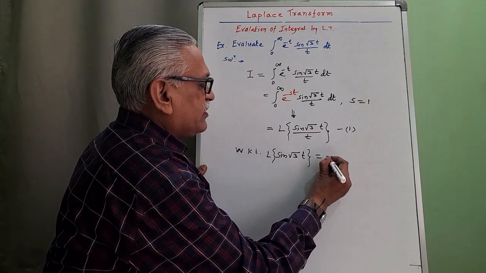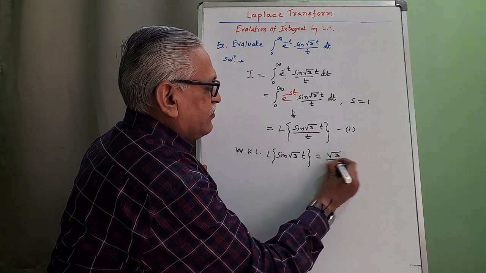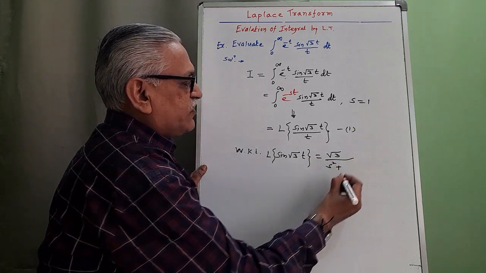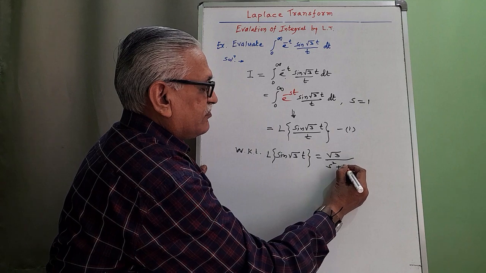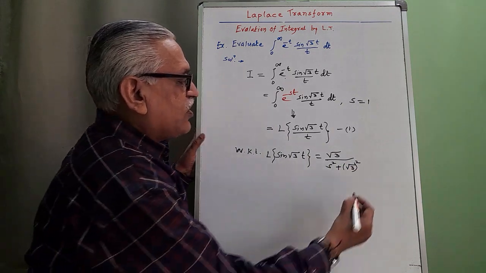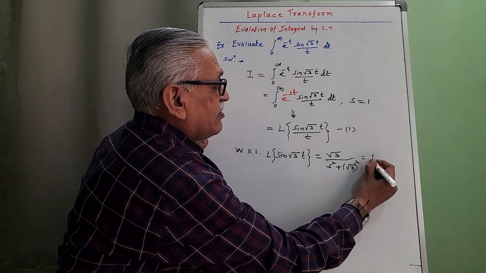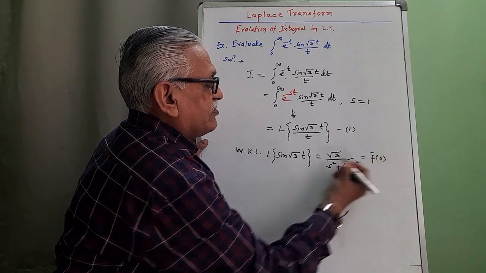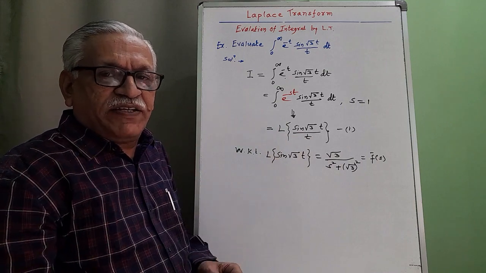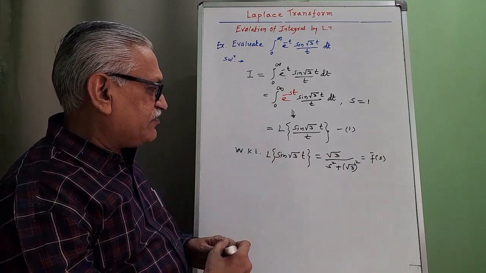As per that formula, it is root 3 divided by s square plus root 3 square, and we call this a bar of s. We apply the property of division by t, or the theorem f of t by t.